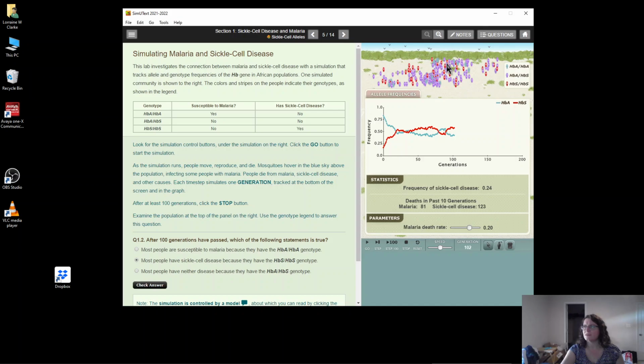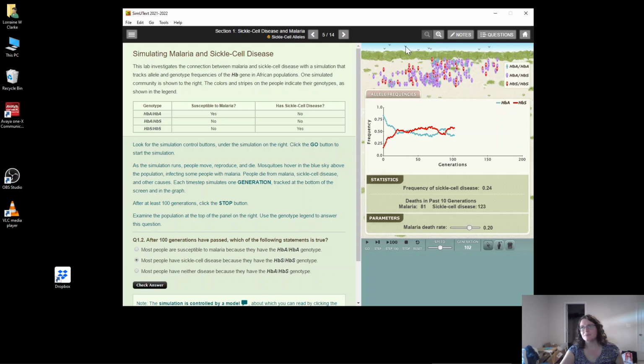And what you see here is the red individuals being sickle cell individuals, the blue being individuals who are normal in that they have all normal blood cells, and then the heterozygotes are purple. You look at that, wow, that's a lot of heterozygotes.